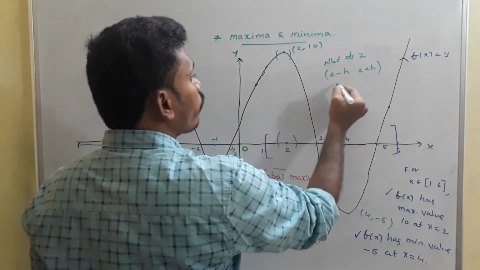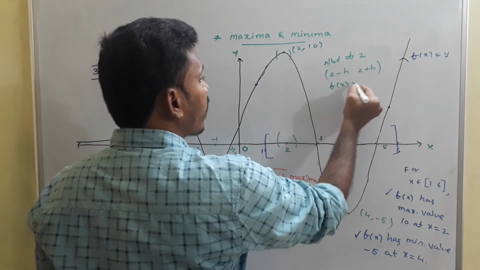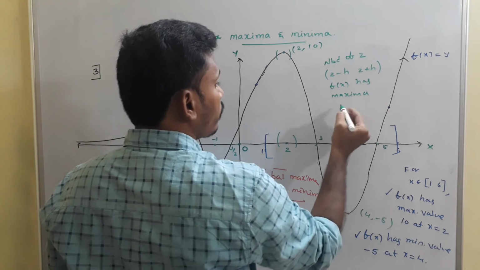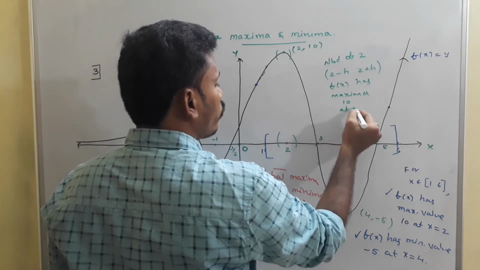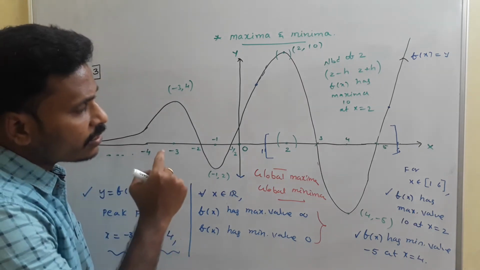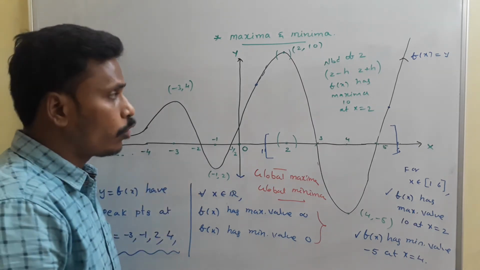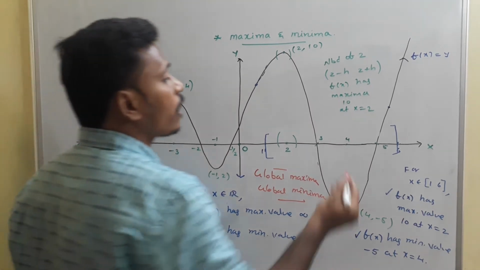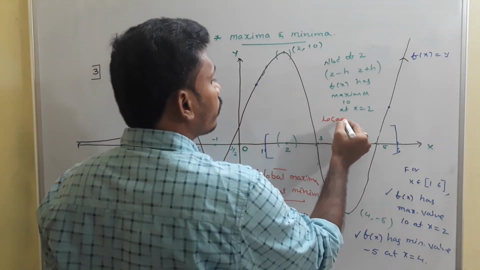In this surrounding, if you check, f of x has maxima 10 at x equals 2. Again, this point is a maxima point only. Then this maximum value is considered as local maxima.